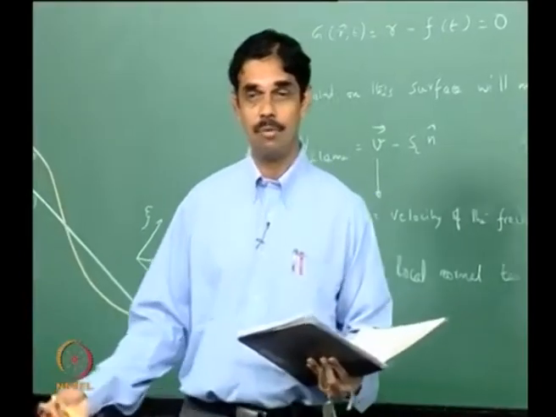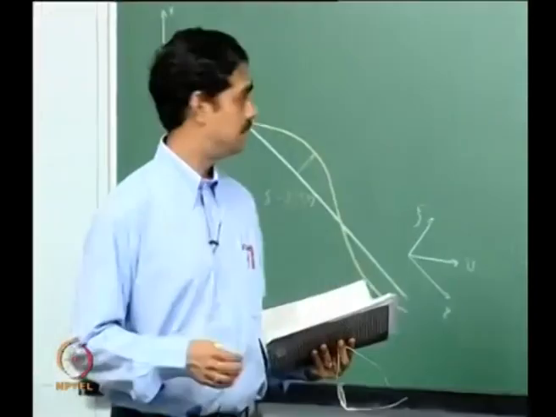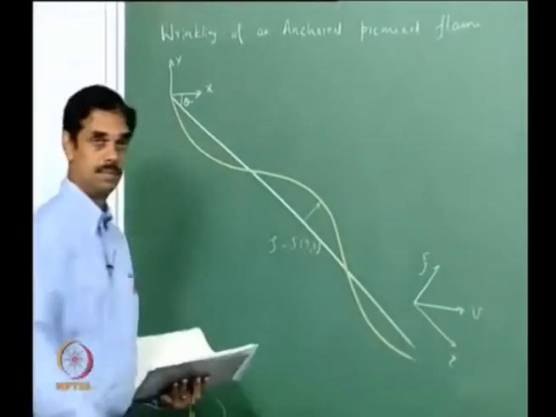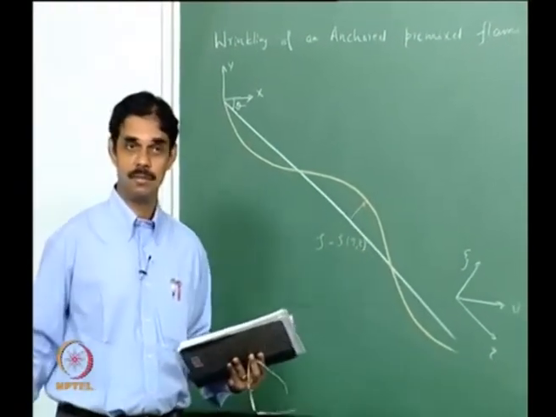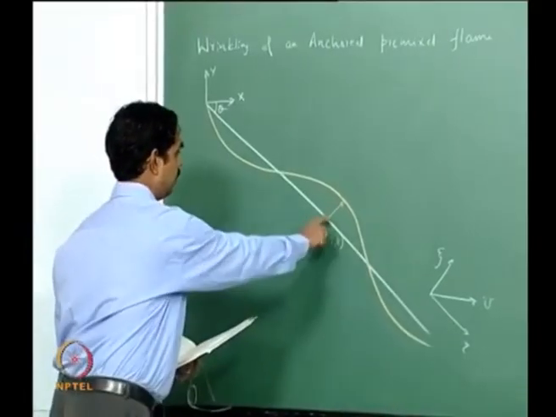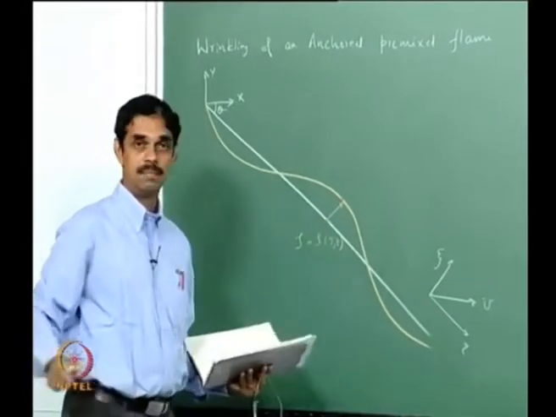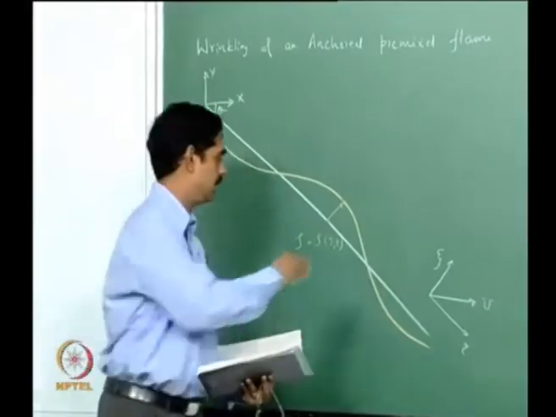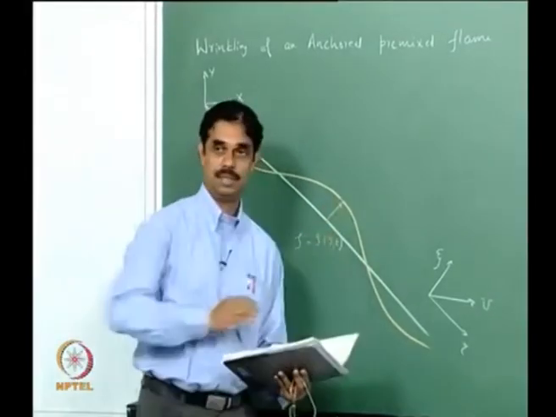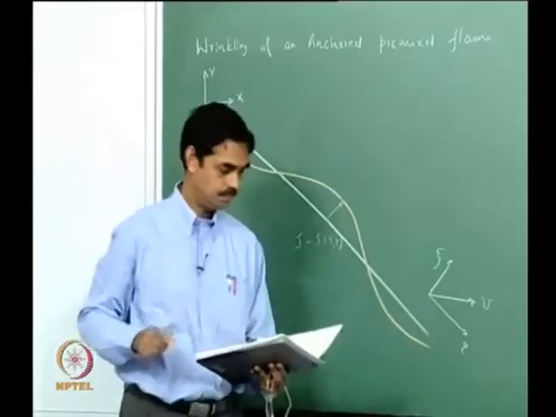So now we have to see how we can simplify this for this kind of flame, like a cone flame or a tent flame or something. So here we have this as the flame departure from the mean position, or the local flame height.